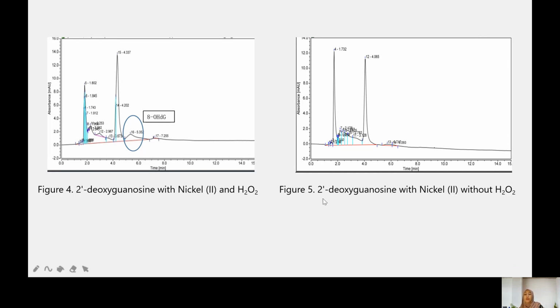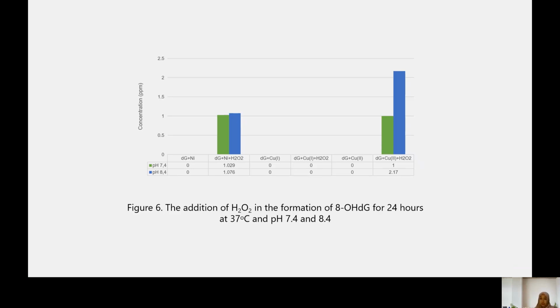And then figure 5 shows the chromatogram of the reaction of deoxyguanosine with nickel 2 without hydrogen peroxide. At the retention time of 5 minutes, there is no peak. So without hydrogen peroxide, it cannot form 8-OHdG. Okay, sorry.